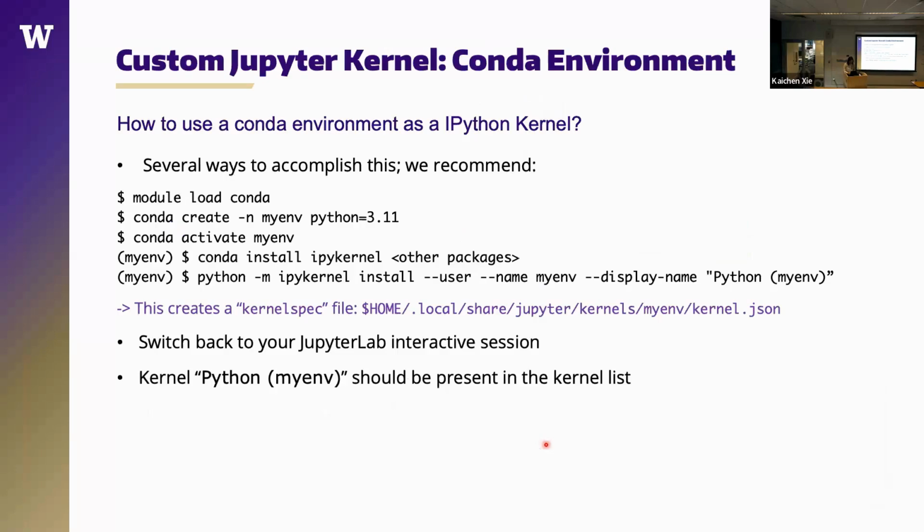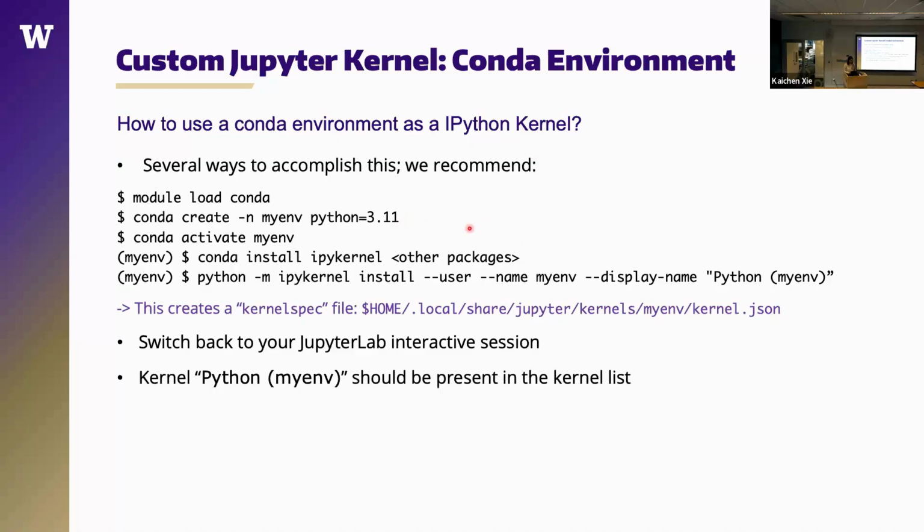Besides the pre-installed minimal environment, you can also use your own Conda environments as Jupyter kernels. Just make sure that your environment has the ipython package installed. Here are the ways to register your environment as a Jupyter kernel.